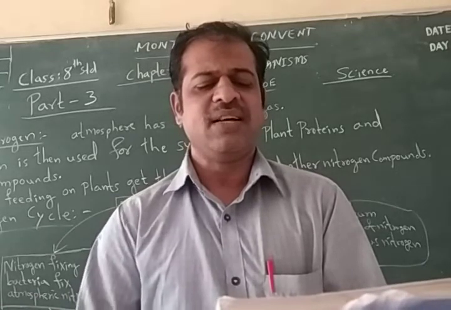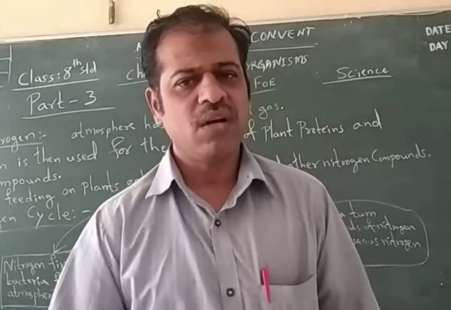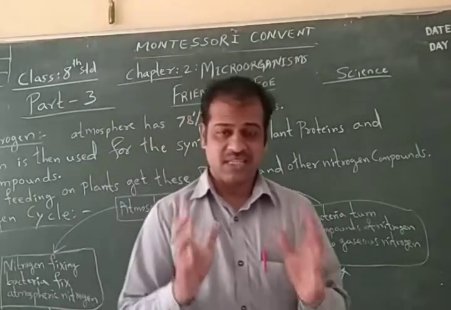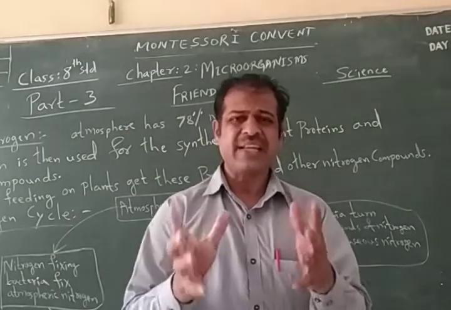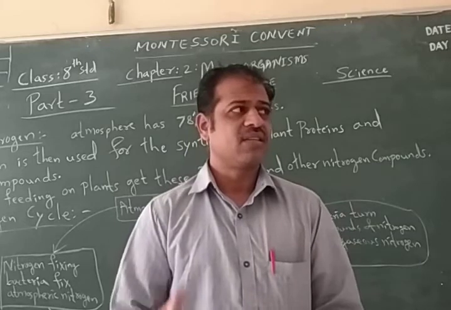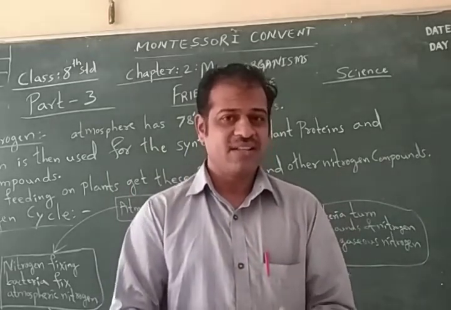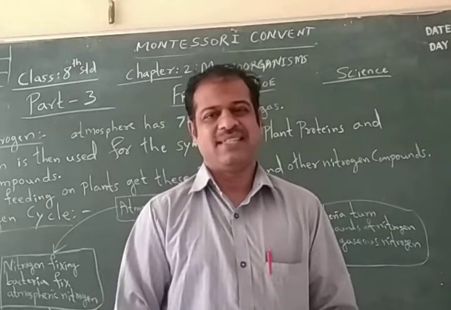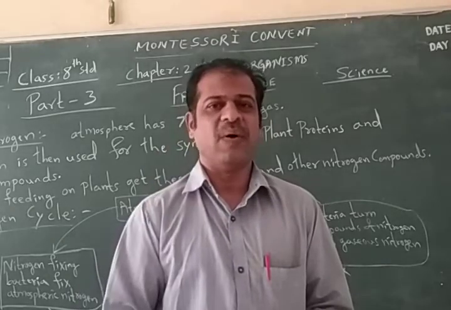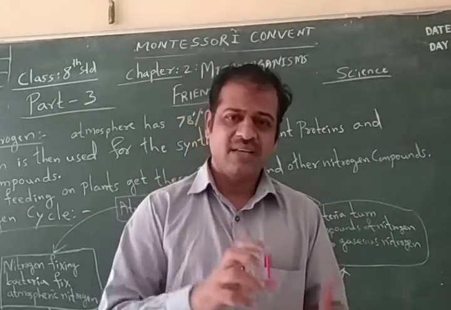As a result, the percentage of nitrogen in the atmosphere remains more or less constant. When an animal or plant dies, some bacteria and fungi attack the dead body and convert it into nitrogen compounds, which are utilized by the plants.